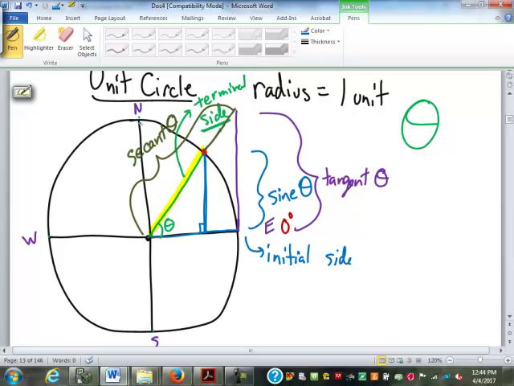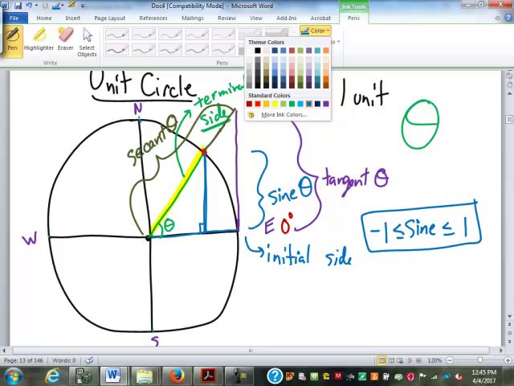Because even if this angle were right here at 90 degrees, the sine would be that length right down there, which is going to be 1, because it's the radius of the circle. So sine, and of course if it were down here, it would be a negative 1. So sine has to be between negative 1 and 1, because of the way this circle is constructed. So it's greater than or equal to negative 1, less than or equal to positive 1 for sine.